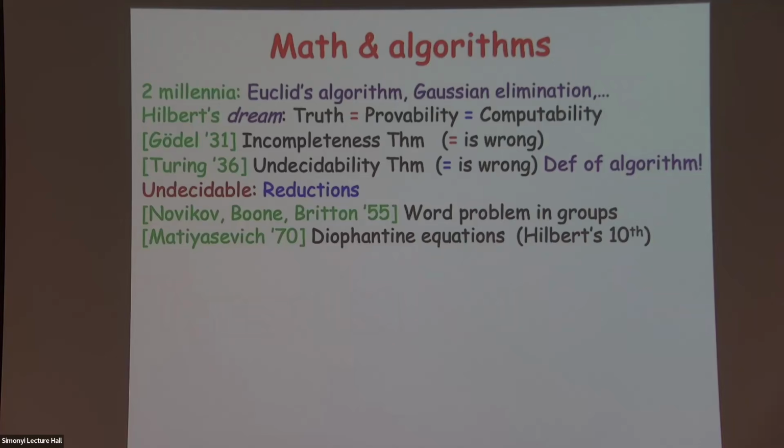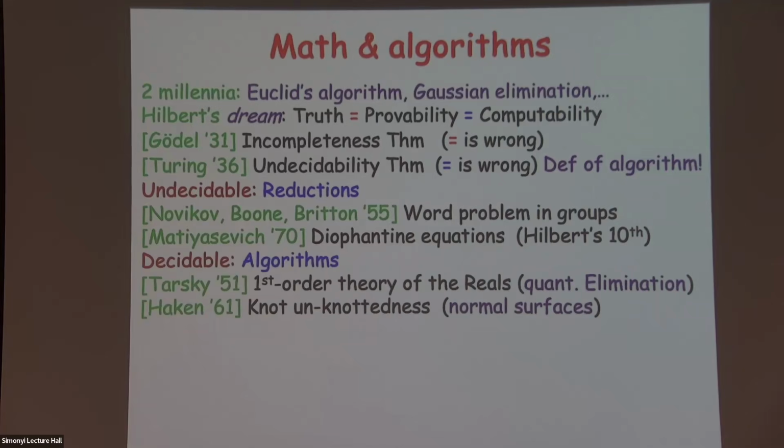You can never understand fully this word problem or the Diophantine equations. On the other hand, for other important problems, like the first order theory of the reals, people did find algorithms. So there was a quest to find algorithms, or show they don't exist, for various problems.